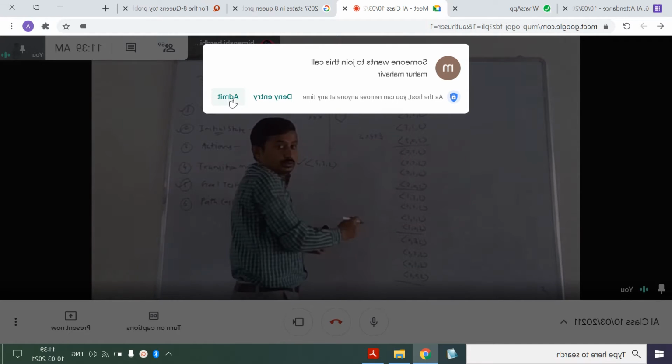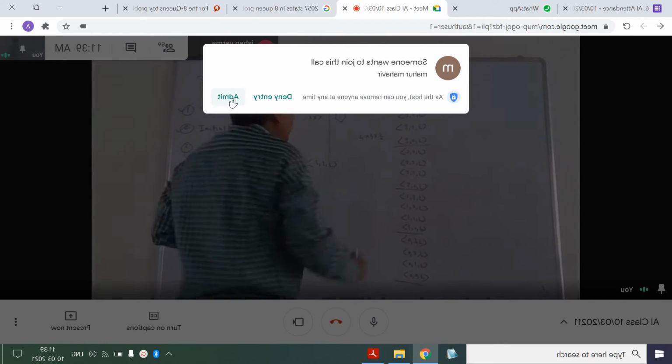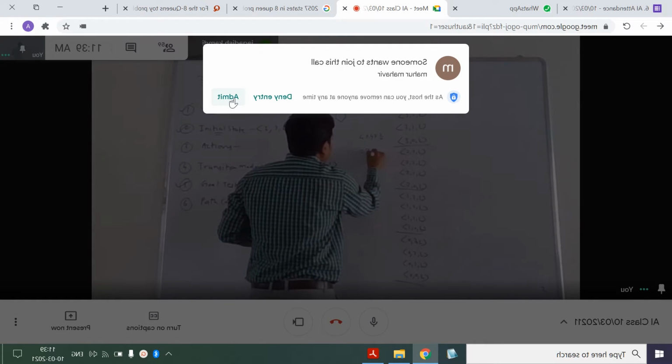This 2 is the state of our boat. So there will be a total of 32 states.